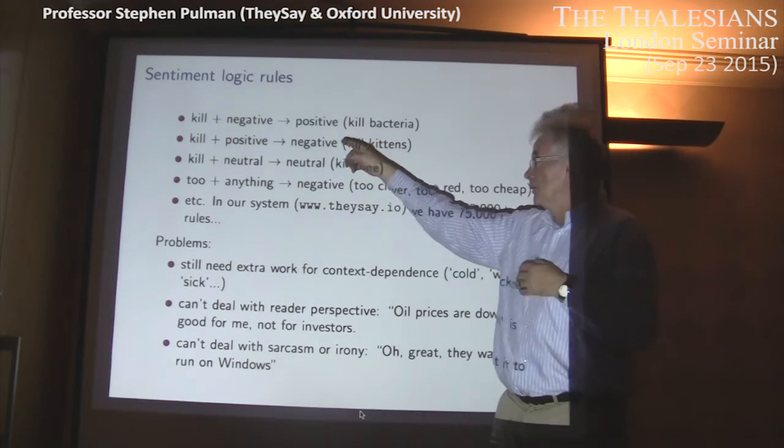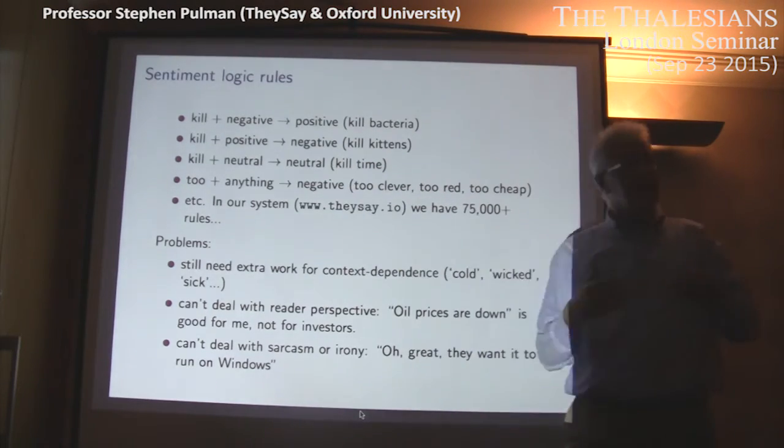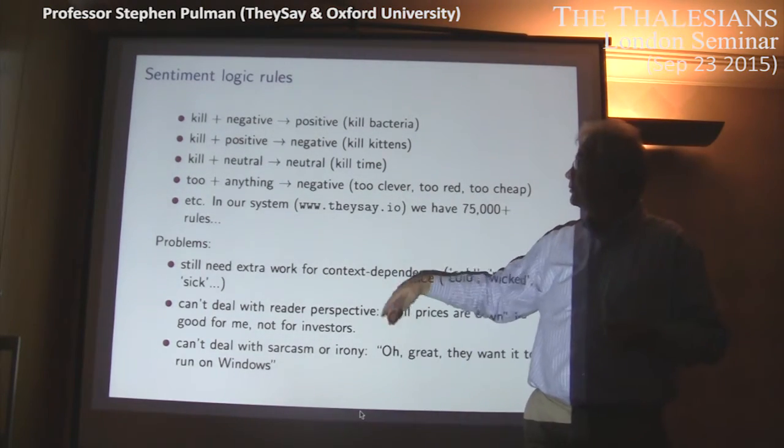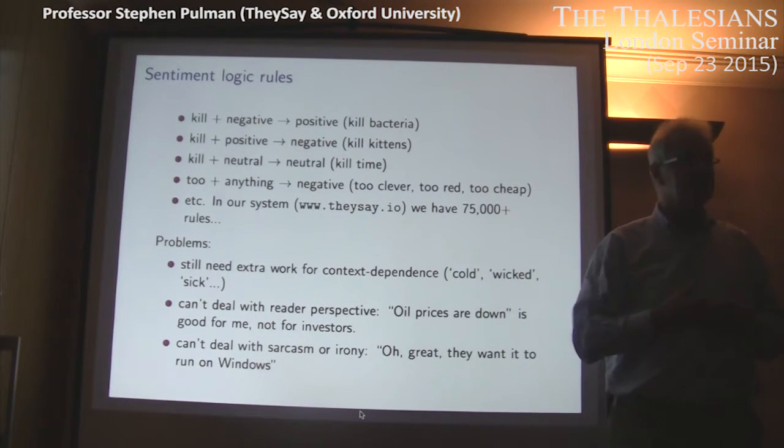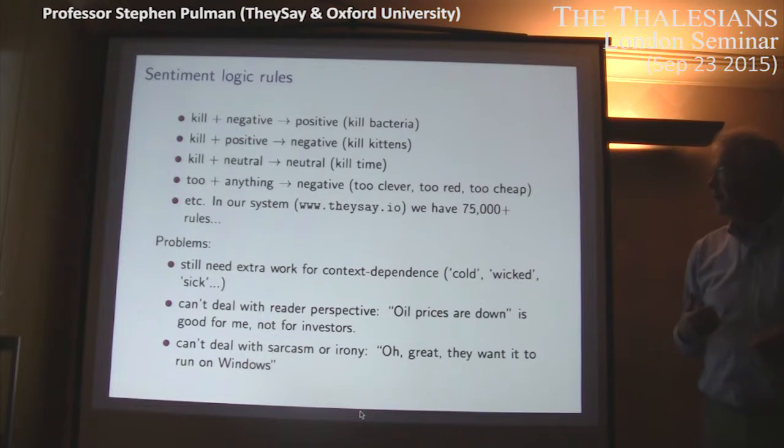And the rules say things like this: if you kill something negative, the result's positive. If you kill something positive, the result's negative. Killing kittens will get bad press. If you combine too with almost anything, it'll make it negative, and so on and so forth. And we've got a very large number of those rules that try to cover as many of the phenomena of kind of general English as we can.